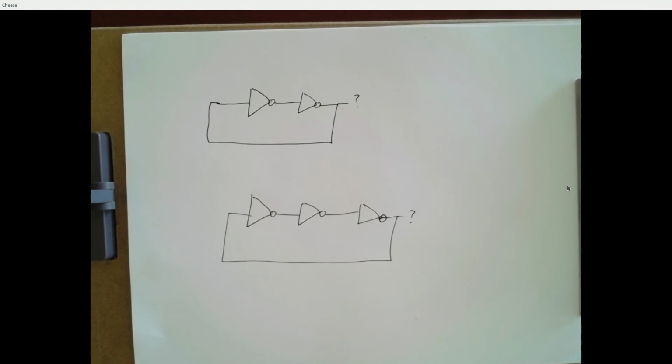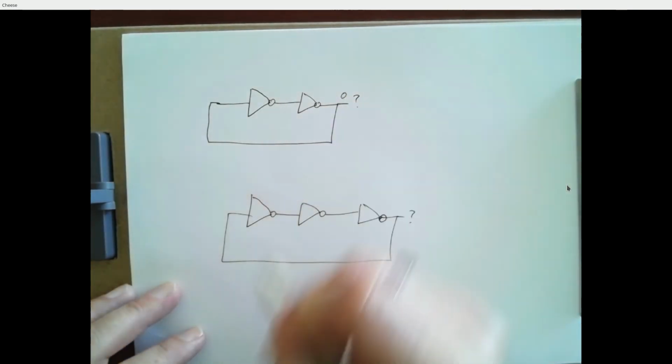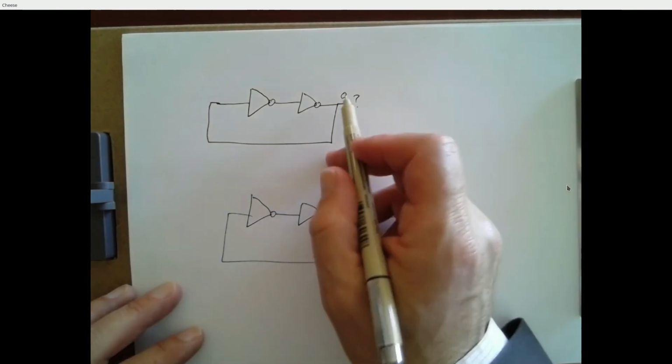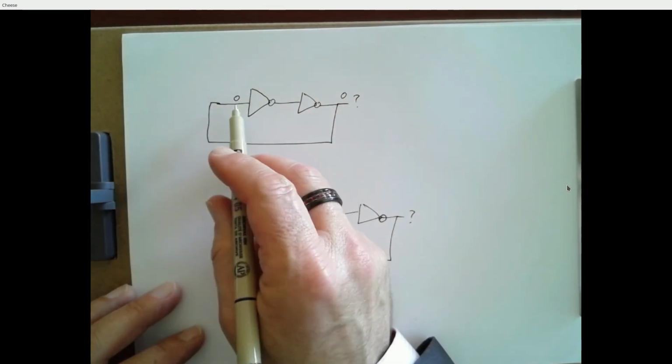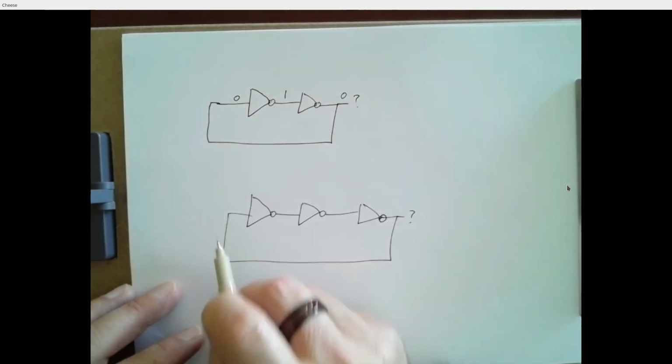So that circuit on top, do we know what the output value is there where the question mark is? The original value? Yeah, I mean, it might be a 0 or it might be a 1. Suppose that it's a 0. Well, that 0 feeds the input of this inverter, and if the inverter's input is 0, the output is 1.